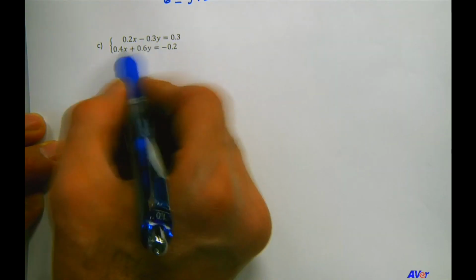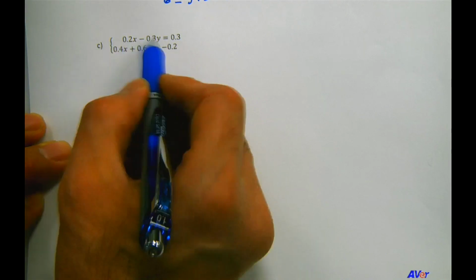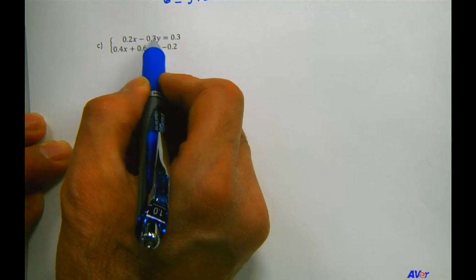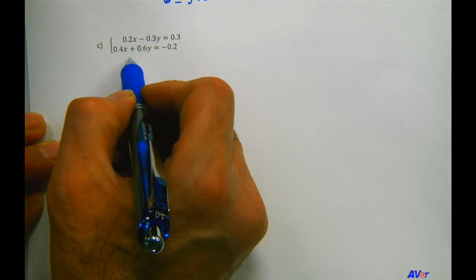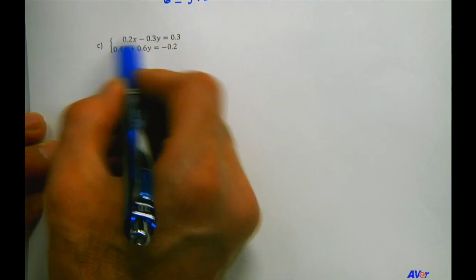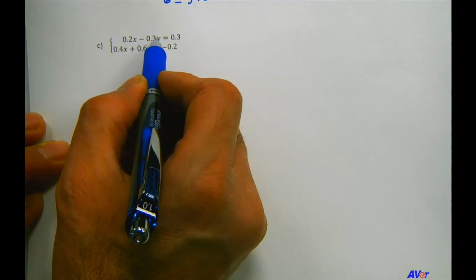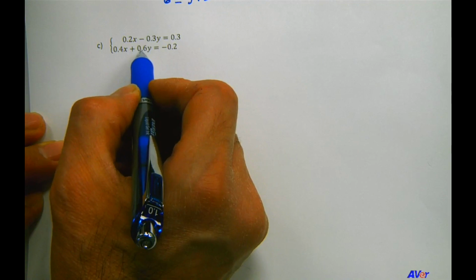So we can multiply the top equation by a term to make the coefficients of the y term equal and opposite to each other. What value should I multiply the top equation by to get a coefficient for y that is equal and opposite to 0.6?